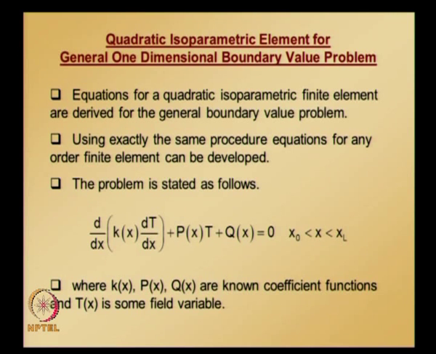We have derived element equations using the 2 node linear element for the same general one dimensional boundary value problem earlier, and we need to solve this problem subjected to boundary conditions.